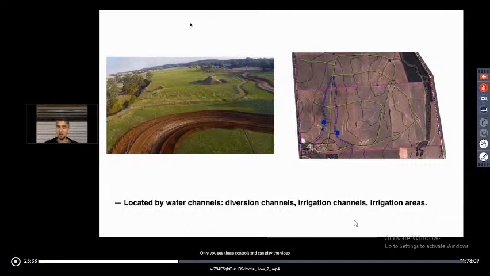As you saw when I was explaining about irrigation pipes, the irrigation pipes also follow a certain rule in how they're distributed across the landscape. Last time we were saying that the best location for the irrigation pipes is on the ridges.